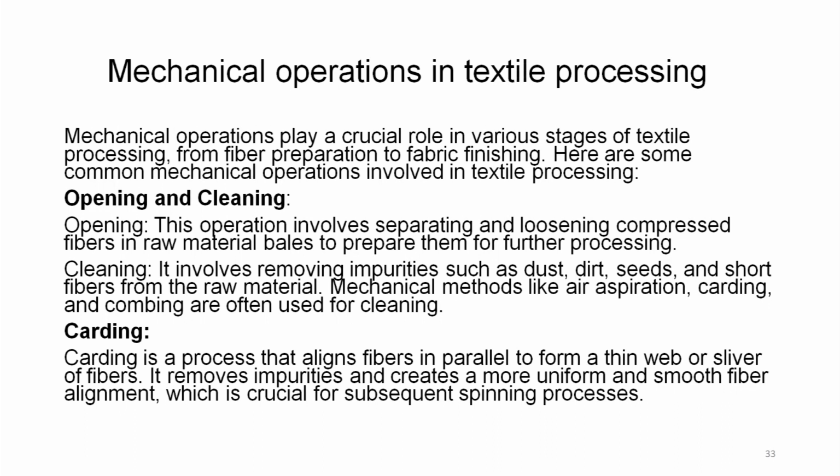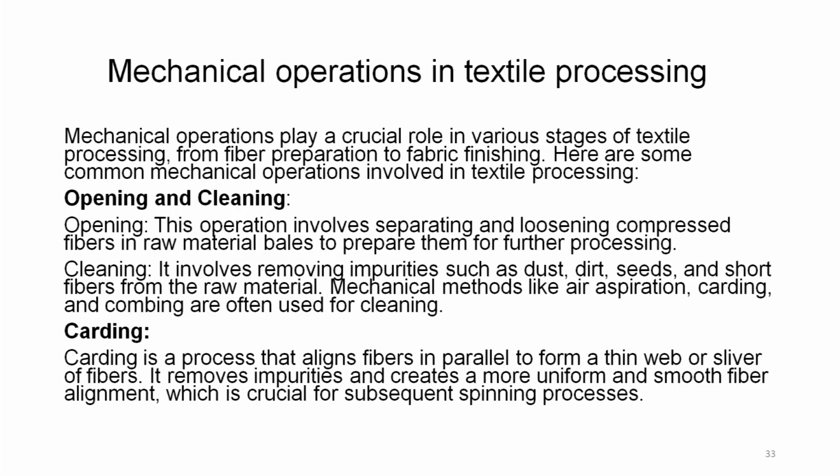Opening and cleaning. Opening: this operation involves separation and loosening of compressed fibers in raw material bales to prepare them for further processing. Cleaning involves removing impurities such as dust, dirt, seeds and short fibers from the raw material.